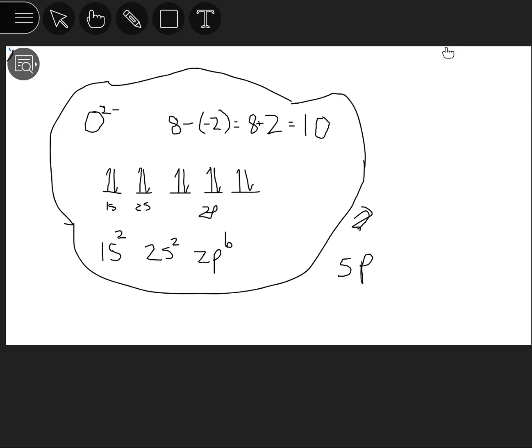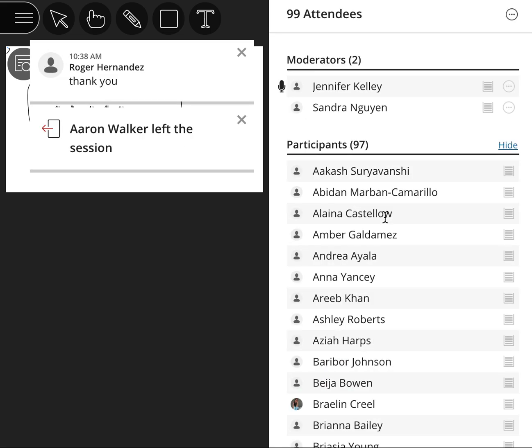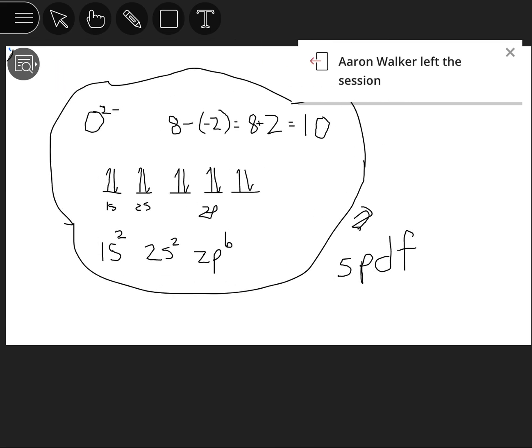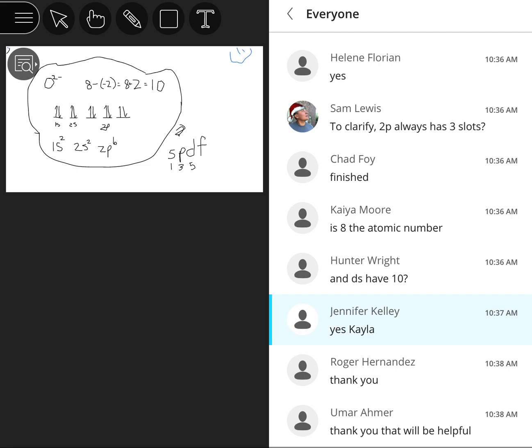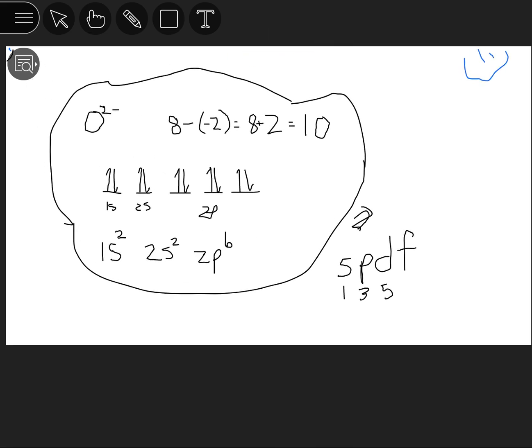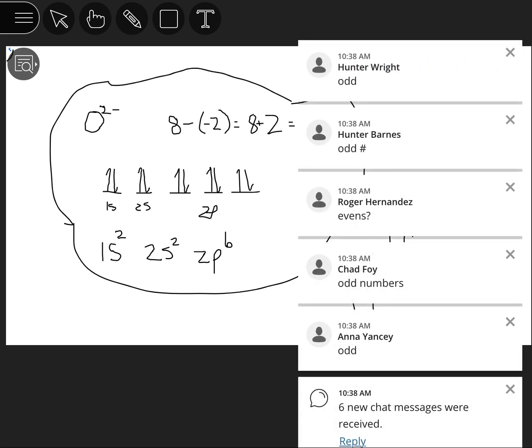All right, so there's S, P's, D's, and F's. S's have 1 blank, P's have 3 blanks, D's have 5, and F's have 7. All right, so it's super poodles do fly. And does anybody see a pattern in the numbers? They're all the odd numbers.